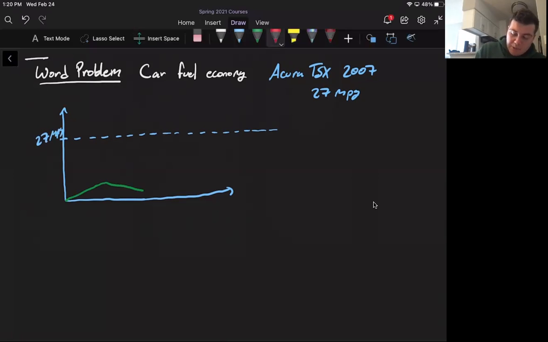And I'll label what I'm doing. So this is driving through a parking lot. The second section is getting up to speed. It should be clear that when you're accelerating, your gas mileage is going down because your car is really working to get you up to speed.